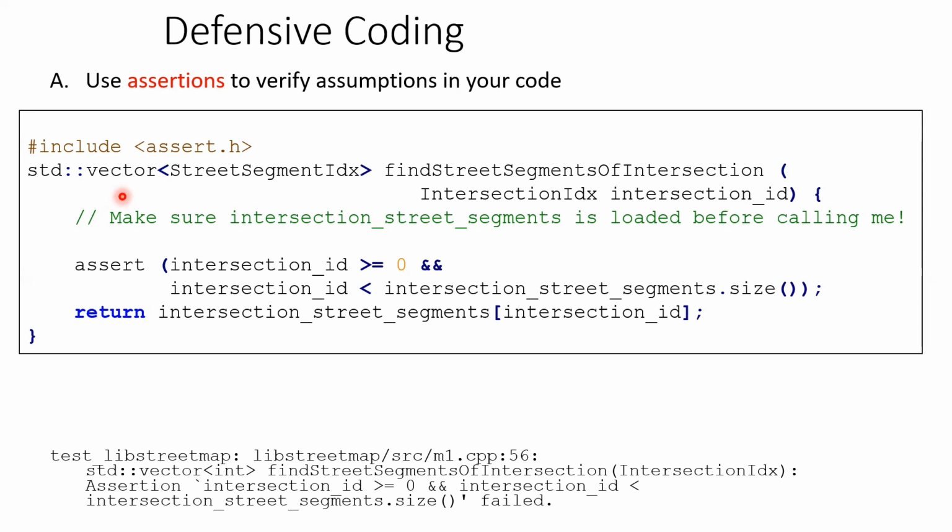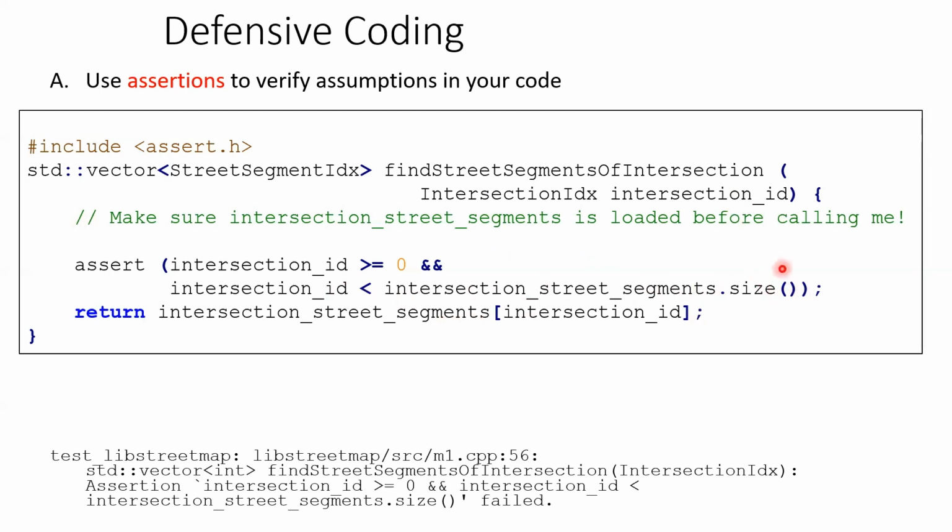Second, the intersection street segments are loaded before calling this function. So what we want to do is add in one line, assert. First, intersection ID needs to be greater than or equal to 0 and less than the number of intersections.